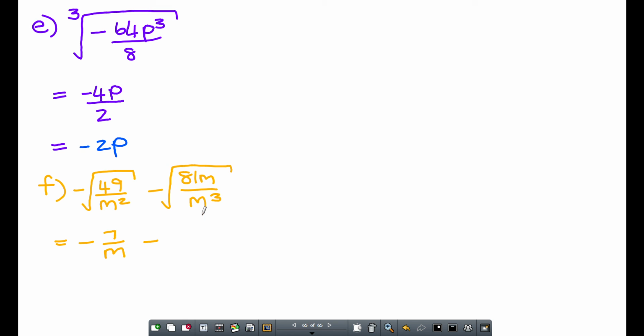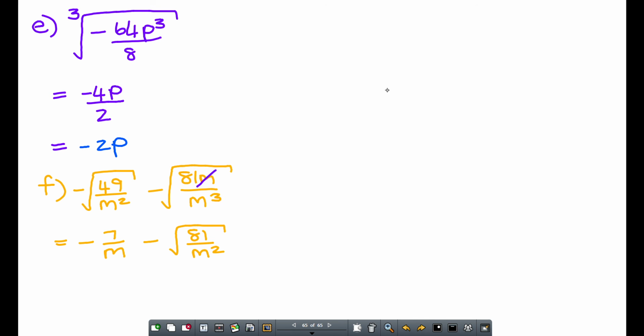Can I get square root of m to the power 3? No. So you had to go and cancel out. I'm going to show you now how I get to this answer. Have a look. This m will cancel out with one of those. So that's how I get the 81 over m squared. Does everyone see that?